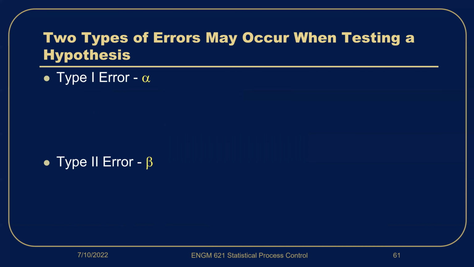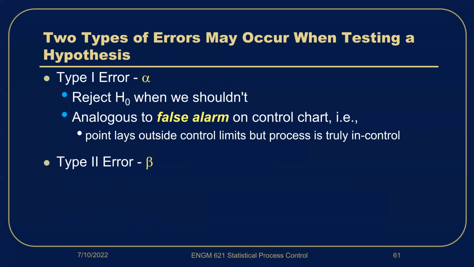The two types of errors in a hypothesis test have corresponding meaning in analyzing a control chart. Type 1 error alpha is the probability that we reject the null hypothesis when we actually shouldn't. It's analogous to a false alarm on the control chart.